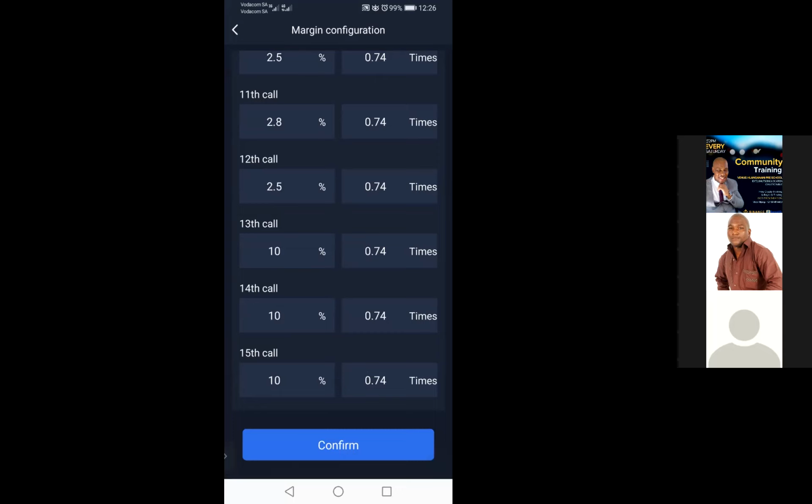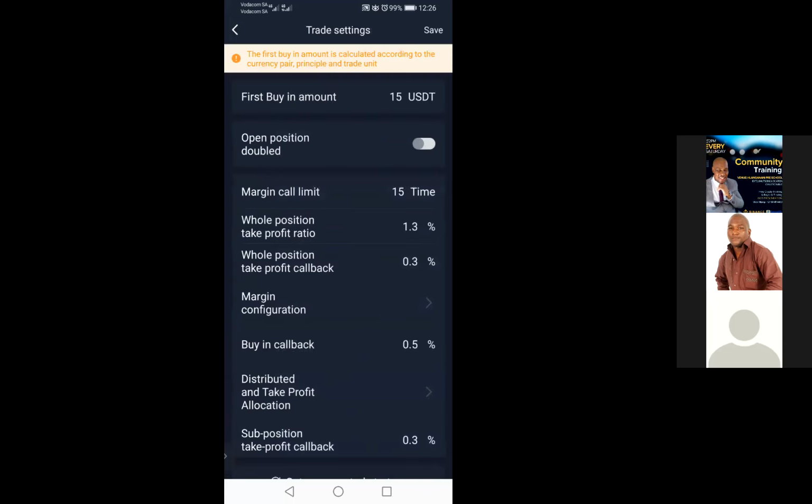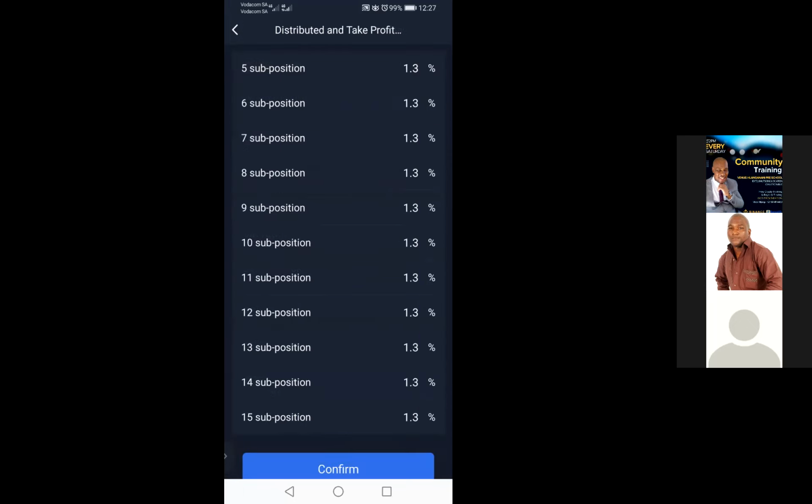And then you will click confirm at the bottom. And then we go to distributed and take profit allocation. Okay, number 5 subposition is okay. And then let's go to number 6 is 1.6.